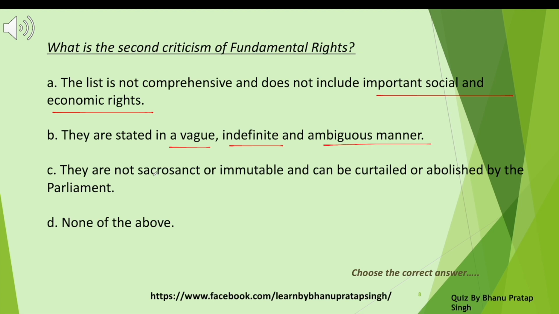Option C, they are not sacrosanct or immutable. They are not holy, not pure, and can be curtailed or abolished by the Parliament. Like it could be altered by the Parliament. Option D, none of the above. So what is the second criticism? Option A, the list is not comprehensive and does not include important social and economic rights.